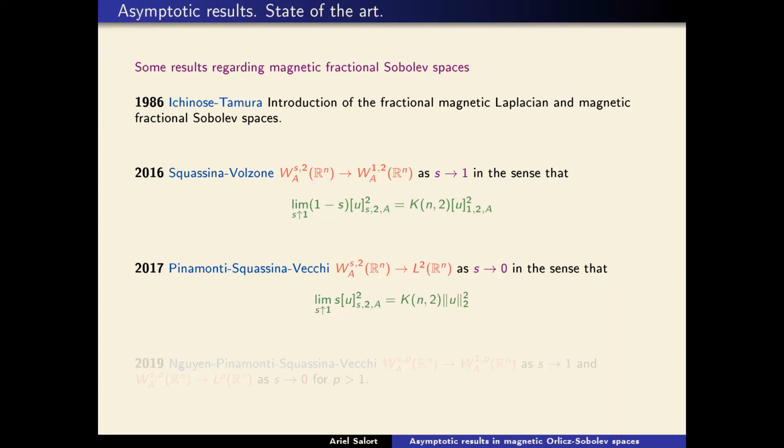And then the generalization to p different than 2, for any p bigger than 1 in fact, was given in a paper by Bucur, Pinamonti, Squassina, and Vecchi in 2019. They proved this result for any value of p for the fractional magnetic p-Laplacian.